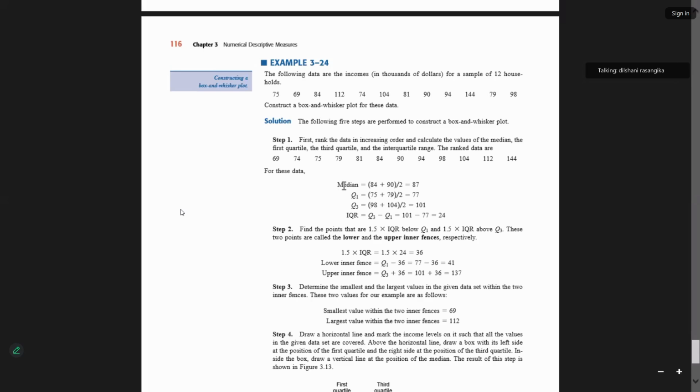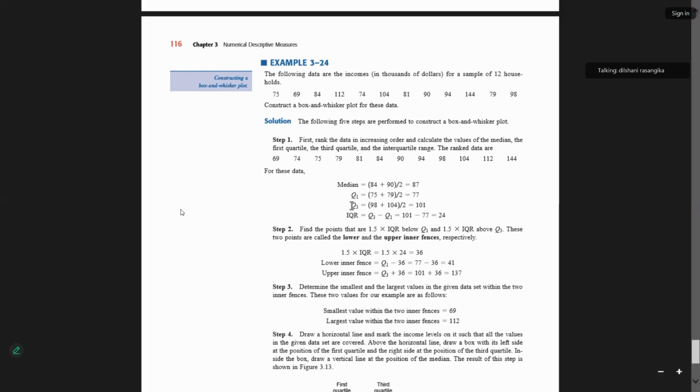After that, you need to find the median. There are a few steps, right? First, you need to order your data set in increasing order. Then you need to find the median. Now you know how to find the median, right? Then you need to find Q1, the first quartile, right?